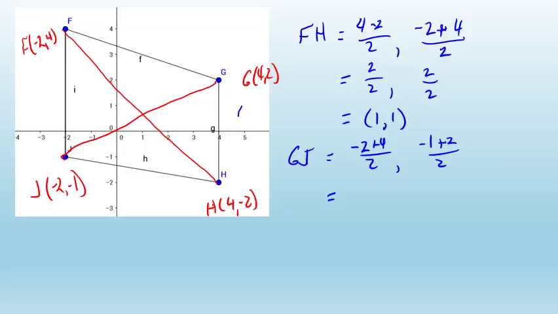Well, let's see, -2 plus 4, that's 2 over 2. Don't get too excited yet. -1 plus 2 is 1 over 2. Ah, got a difference here, because my midpoint of GJ is 1, 1/2, or 0.5.